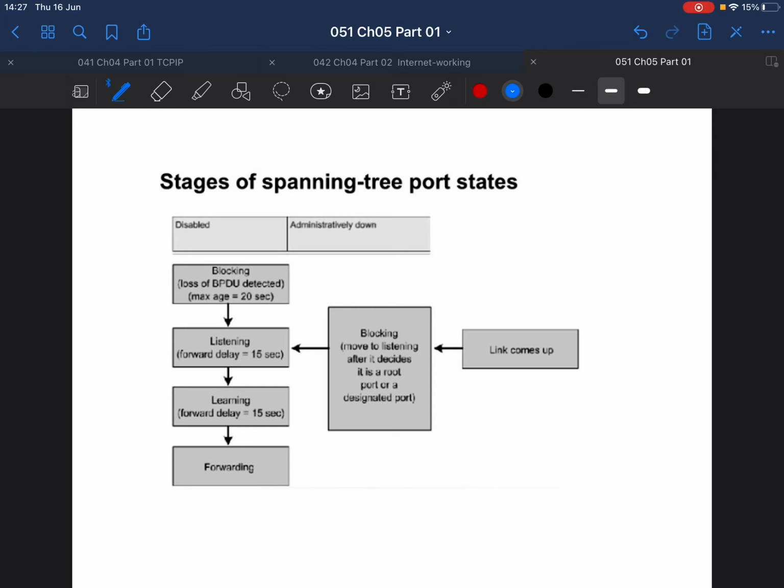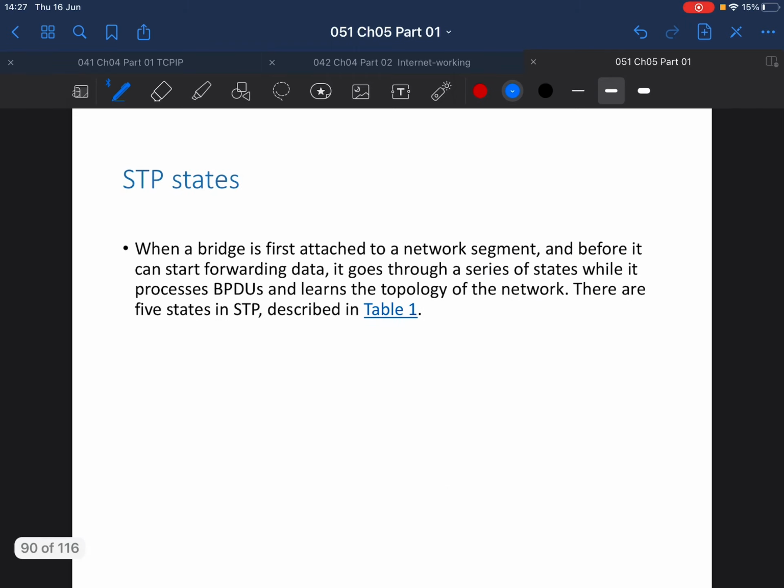Stages of spanning tree port states: blocking, listening, learning, forwarding. STP states. When a bridge is first attached to a network segment, and before it can start forwarding data, it goes through a series of states while it processes BPDUs and learns the topology of the network.